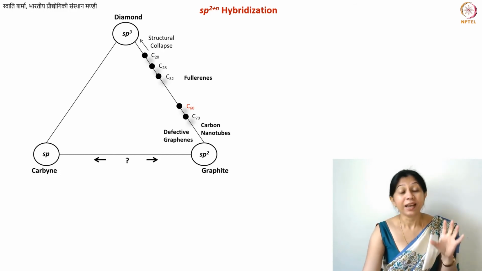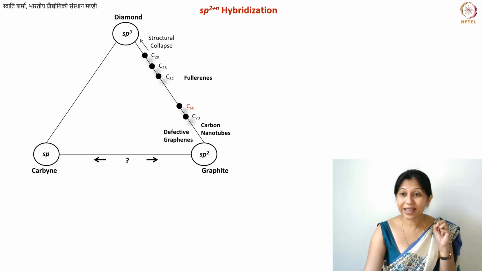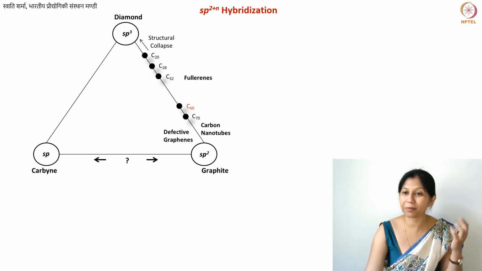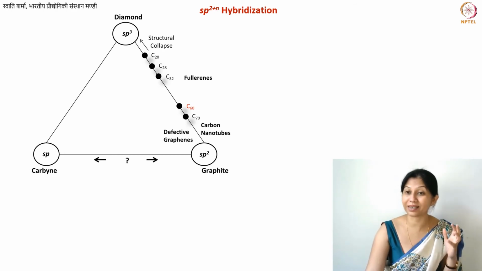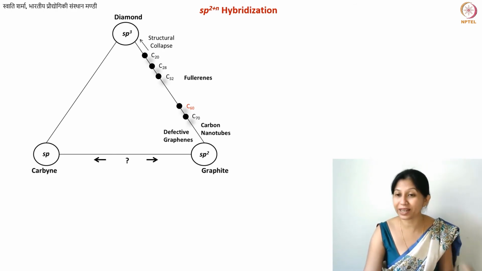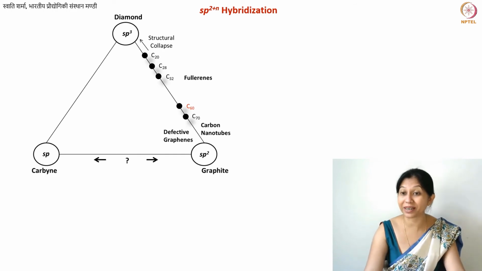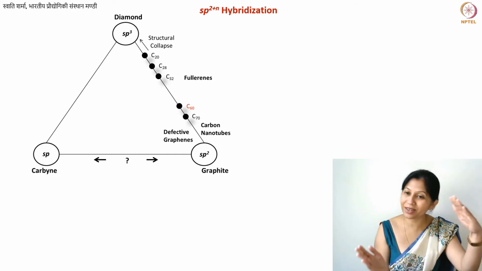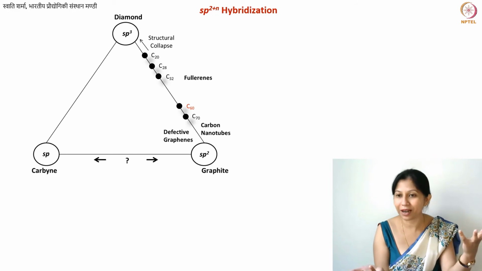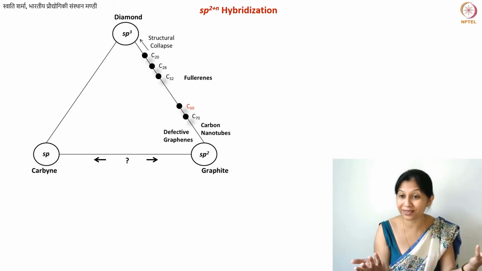What is very interesting is that their properties are also between the properties of sp2 and sp3 type carbon materials. For example, diamond is an insulator, graphite is an electrical conductor, but fullerenes, most of them, are semiconductors. So their properties are also in between the two types of geometries.